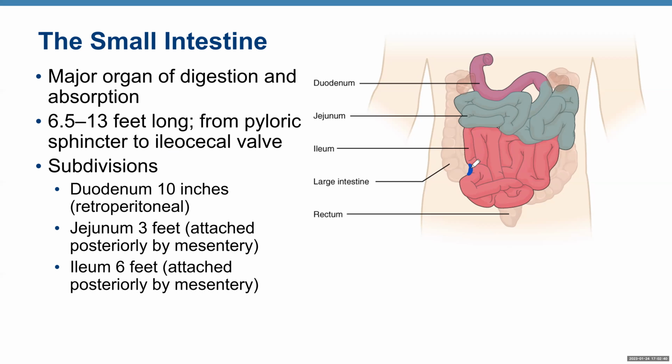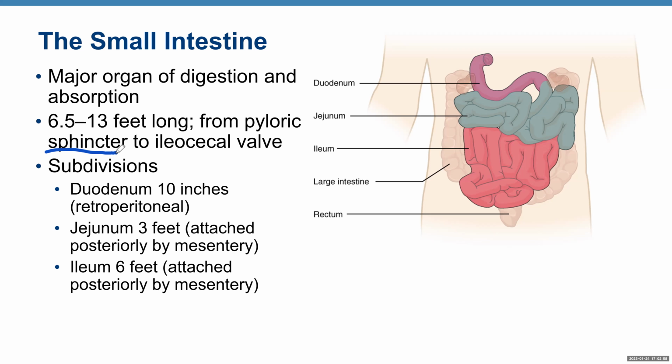The ileum is the last part of the small intestine, and it connects to the large intestine, with a valve in between. Sphincter and valve have a similar function: they both prevent backflow of substances.